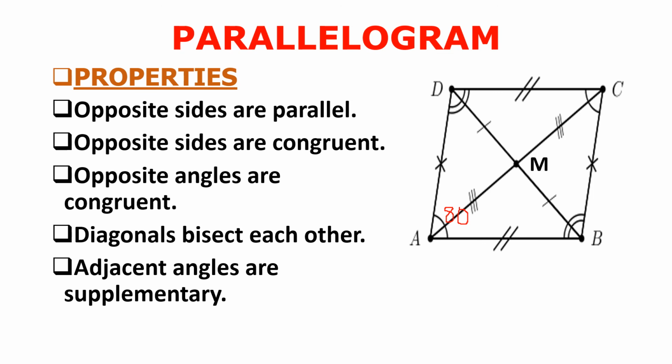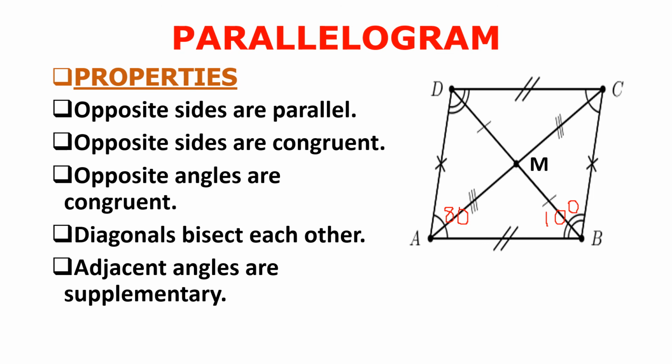How much will angle B be? Angle B is an adjacent angle, the one next to it. If this is 80, and they are adjacent and supplementary, angle B will be 180 minus 80, that is 100. Clear? Also angle D. How much will angle D be?